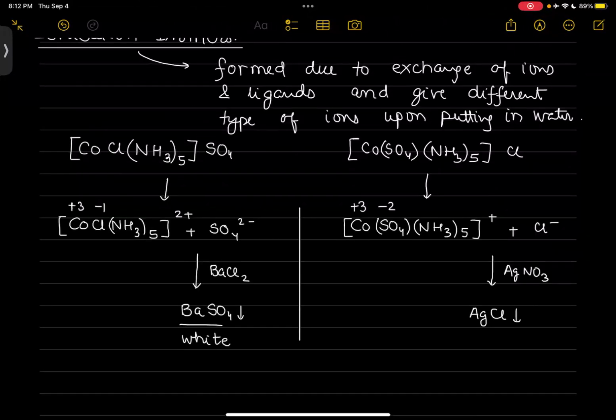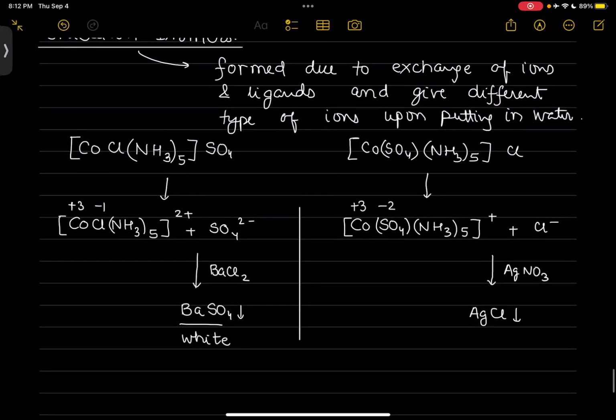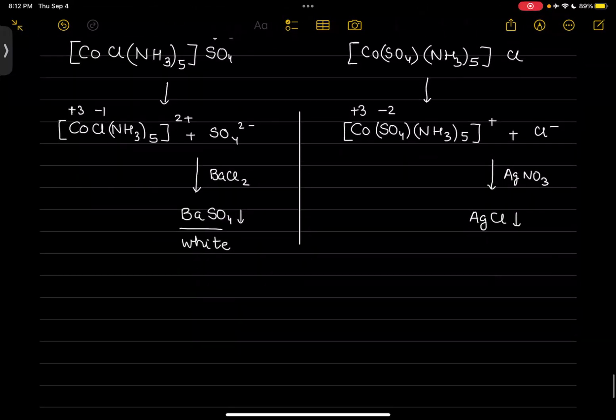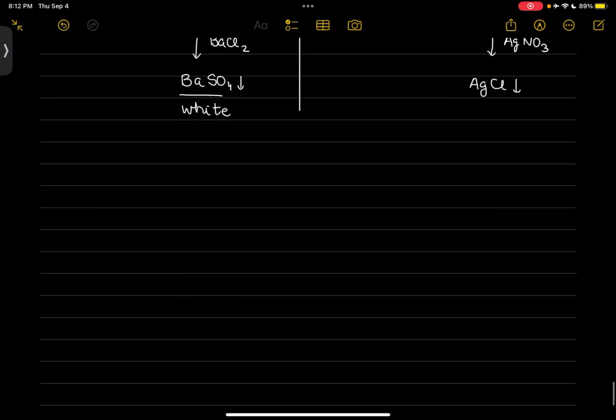And how have we made them? These ionization isomers are made by exchanging the sulfate with the chloride. You exchange the ions and the ligands, and with that you can get the ionization isomer. Got it?